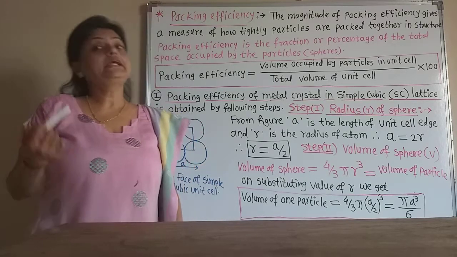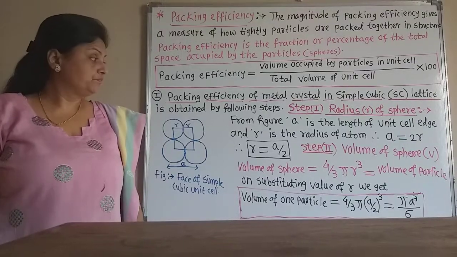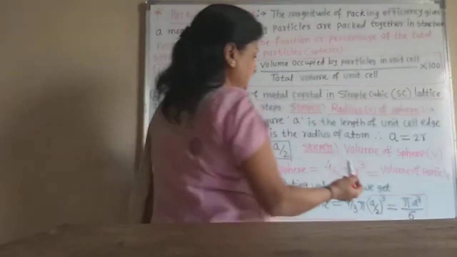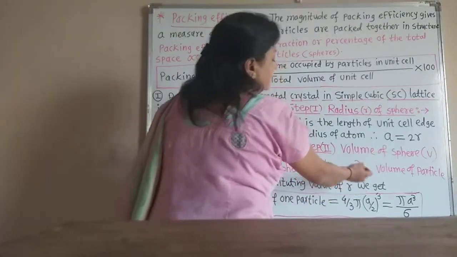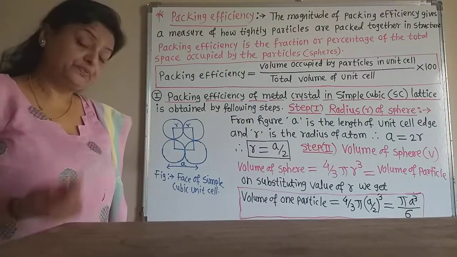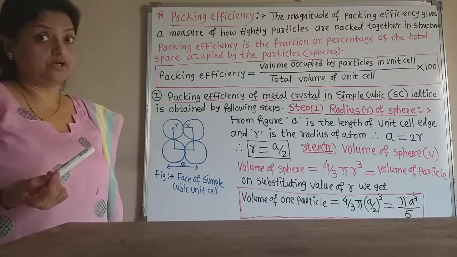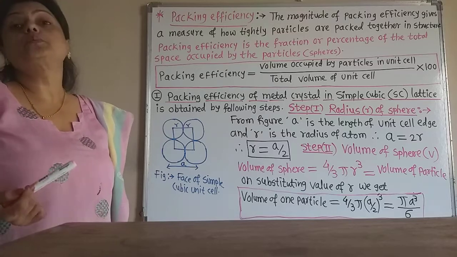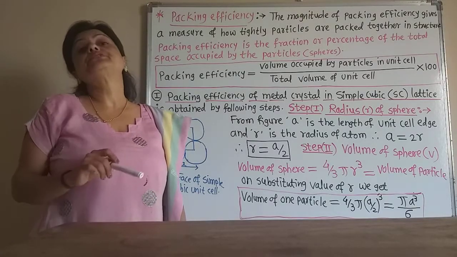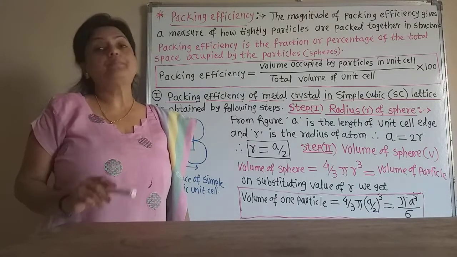What is that? 4 by 3 pi r cube. Now 4 by 3 pi r cube is the volume of the sphere, that is, the volume of the particle. But what is the radius of that particle? That gives the volume of that particle.